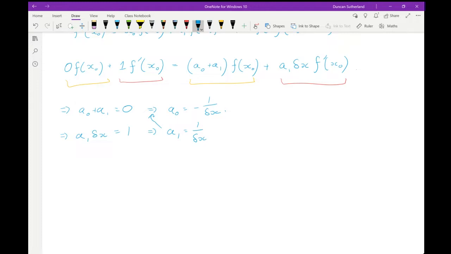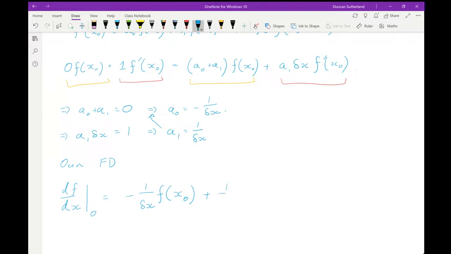So our approximation, our finite difference, its first order derivative. It's forward and it's 2 points. Equals 1 on delta x times f of x naught. Oh, that should be naught, not an n.